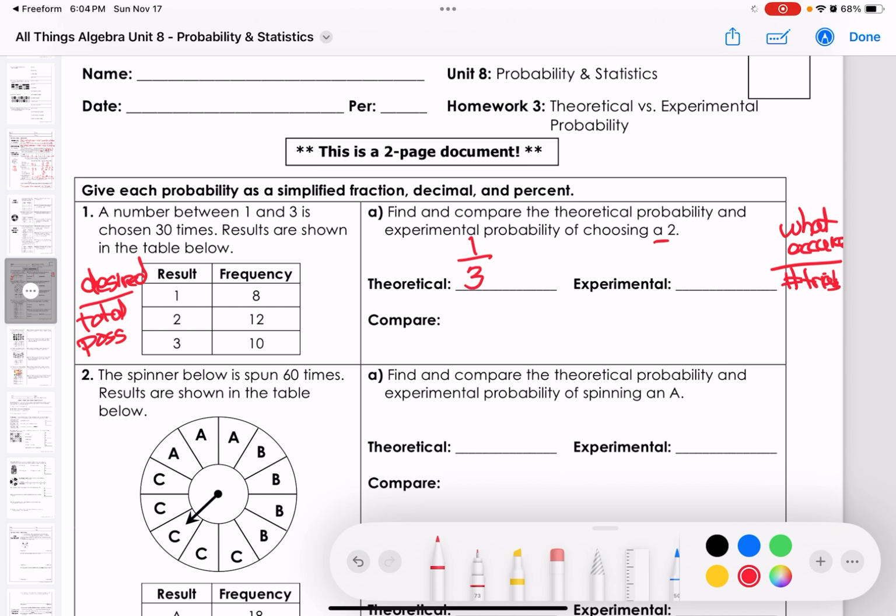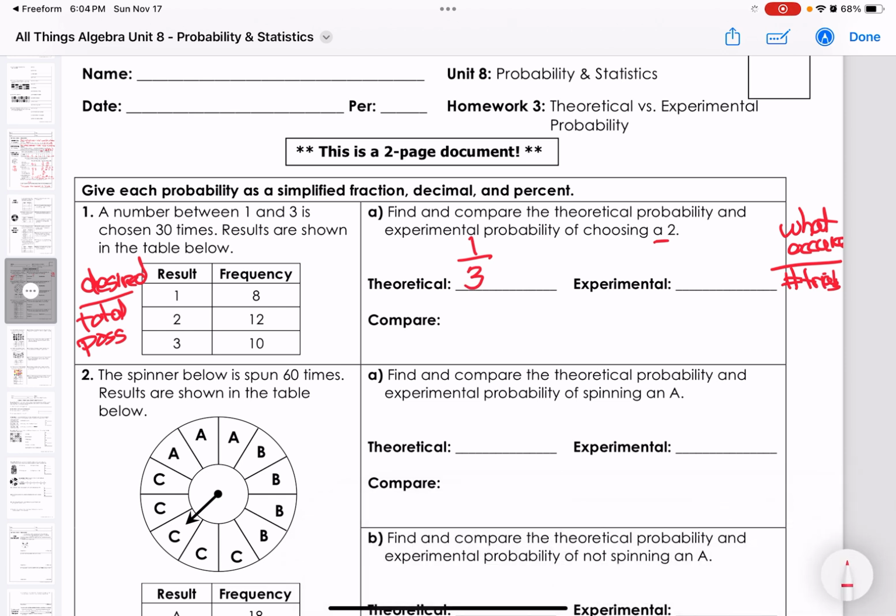So that is 1/3. And I'm going to put it in decimals so you can clearly see. So that's 0.3 repeating.